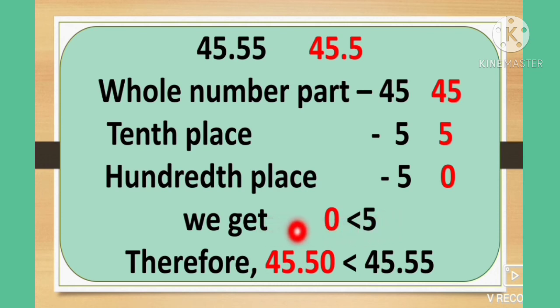Therefore, 45.50 is less than 45.55. So, students, here is an important note, that is 0 added to the right end of the decimal digits does not change the value of that decimal number. So, we can add 0 in the right end of the decimal digit.